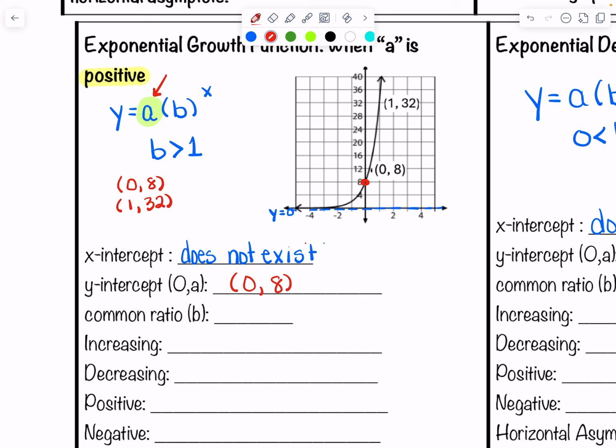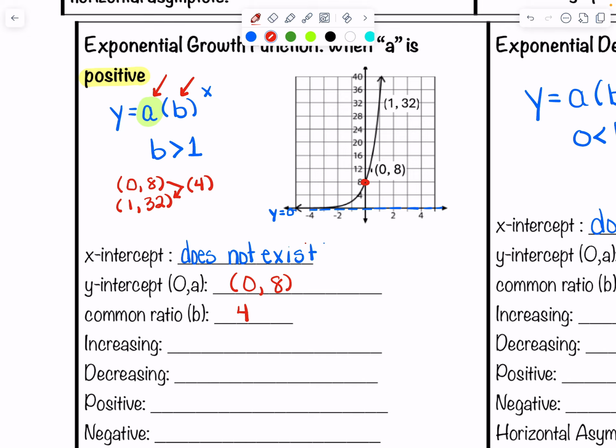Once we find those, we need to find what they are multiplying the y values by. 8 times what makes 32? Well, 8 times 4 makes 32. So our B value is 4. Now, that's this B value here. So we would be able to write our equation just with those 2 pieces of information.